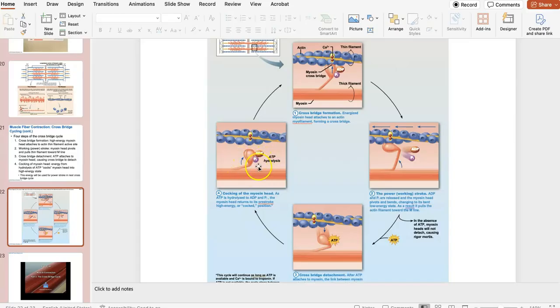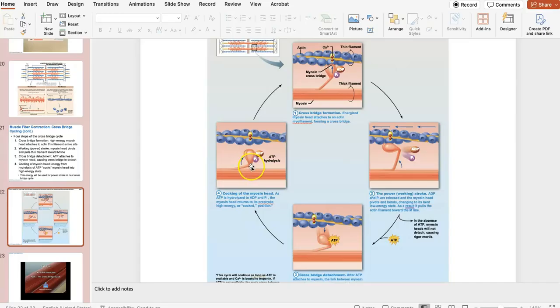So when we're looking at myosin right here, we would describe it as being in its high energy state or cocked position because ATP has been hydrolyzed. Now it has a high affinity for actin, and it has a strong attraction. It wants to bind.